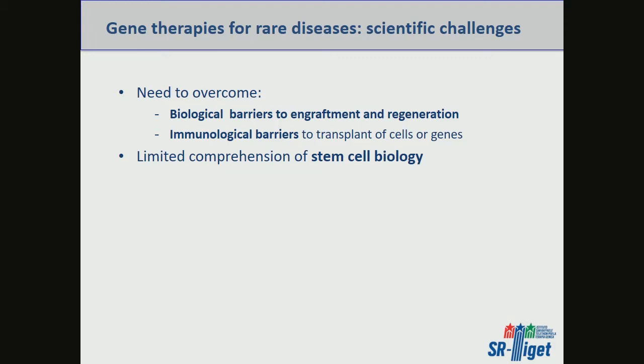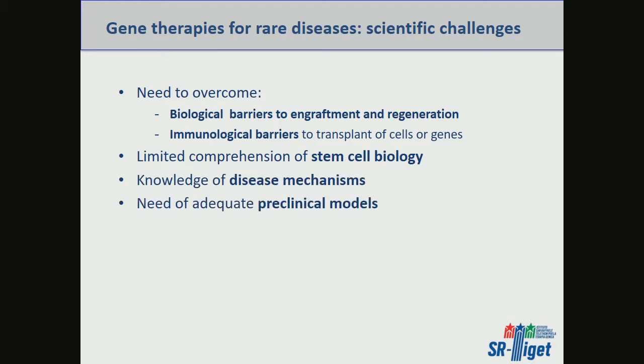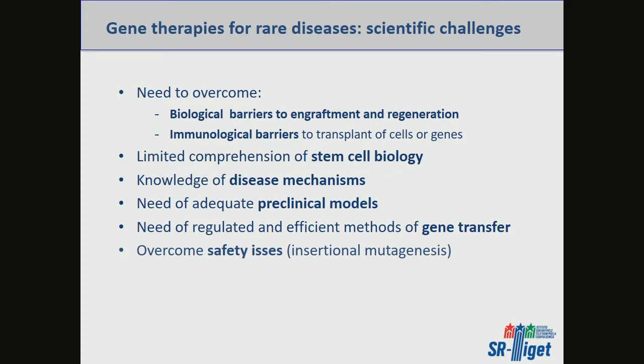In some cases we don't know exactly how the disease works and what the biology of the target cells is. We need adequate preclinical models and adequate ways of expressing the gene in the right context. And then there are also some safety issues, which have been progressively overcome through improvement of the technology.